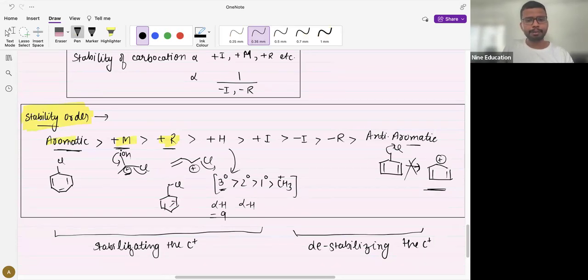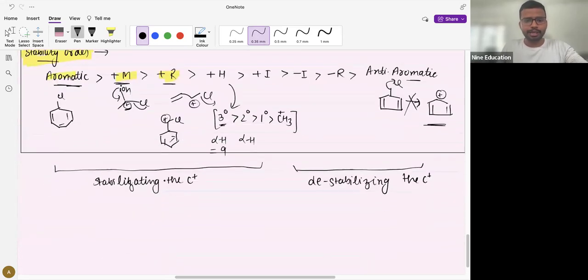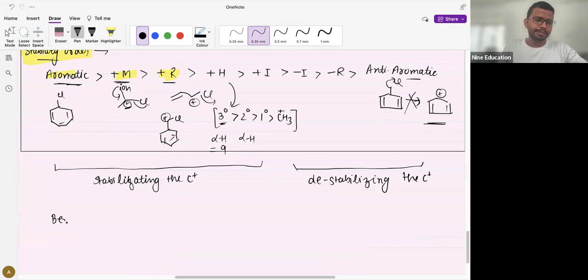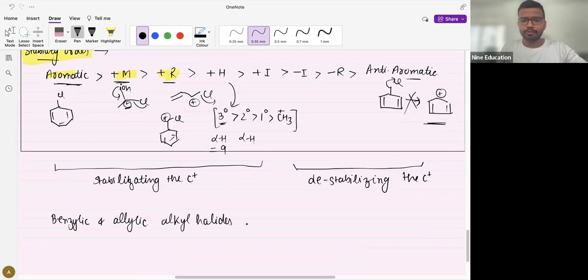If a positive comes here, chlorine gone, positive made. So benzylic and allylic alkyl halides, always remember this only, right? Benzylic and allylic alkyl halides always undergo SN1 reaction.